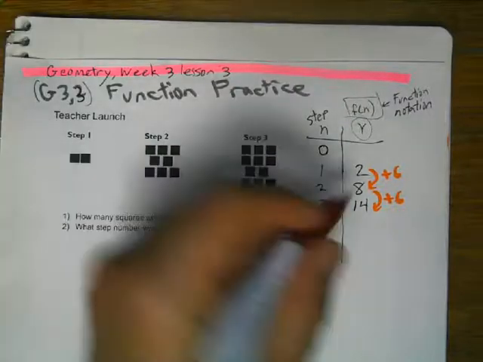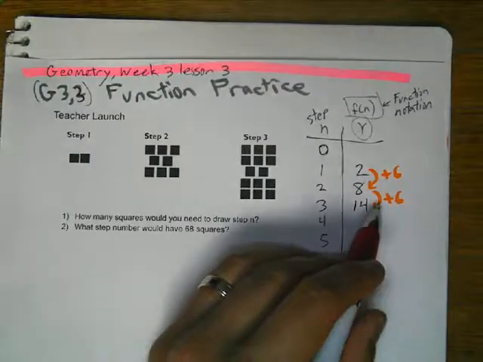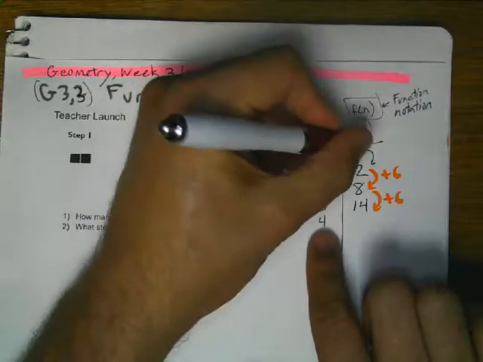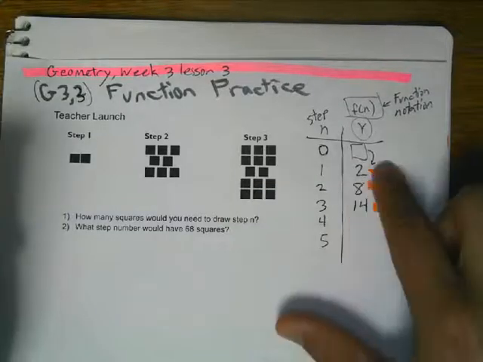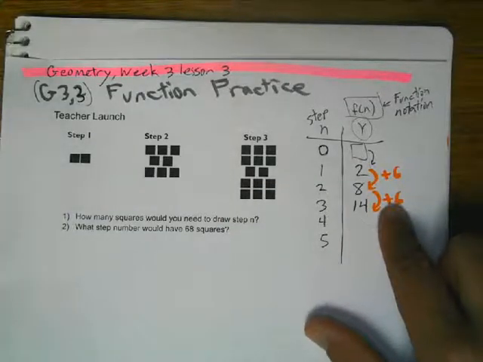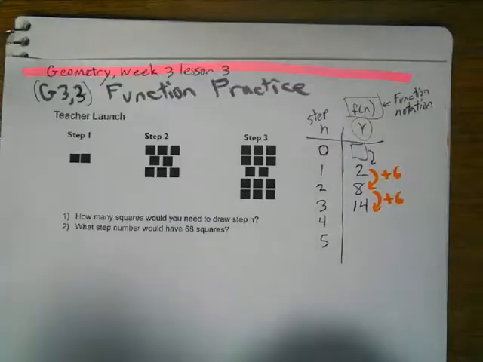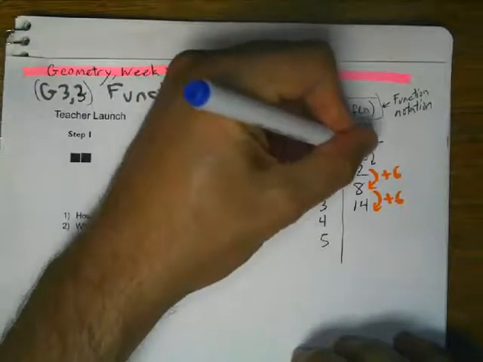So here, if we keep adding 6 to get the next one, then to get this value here, instead of adding 6, we need to subtract 6. So if I subtract 6 from 2, we're going to end up with -4.